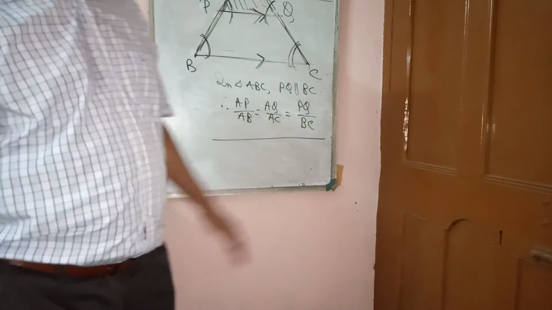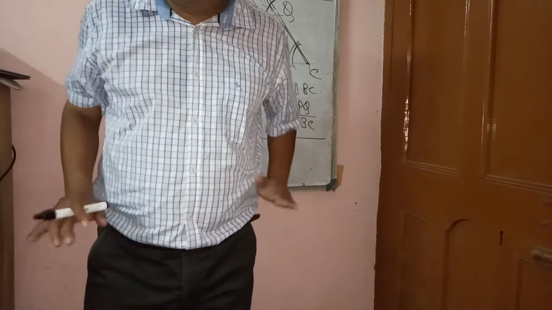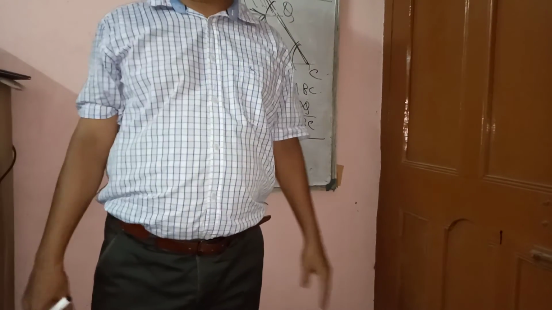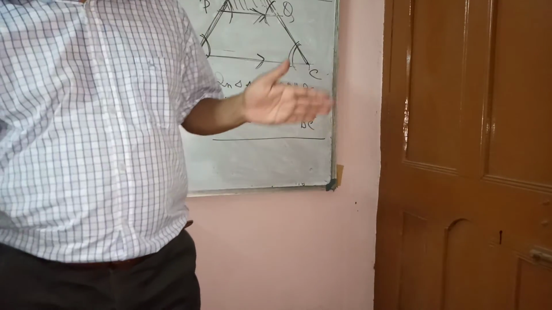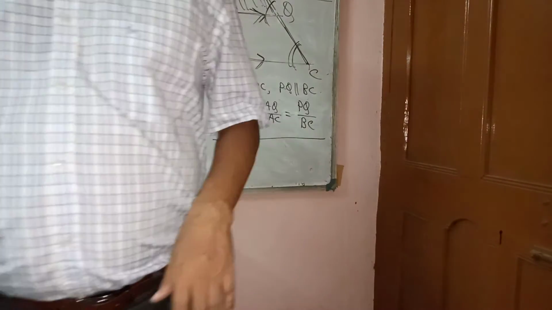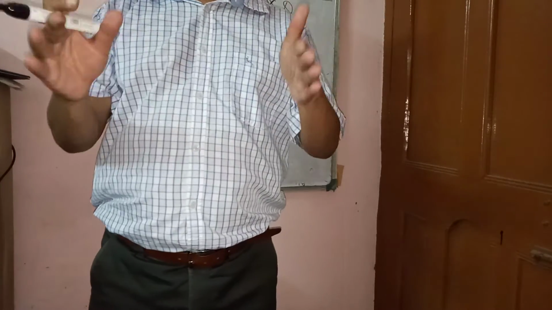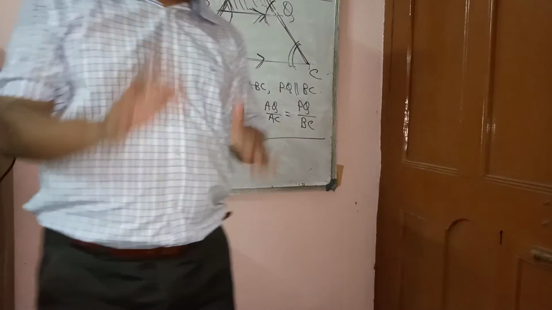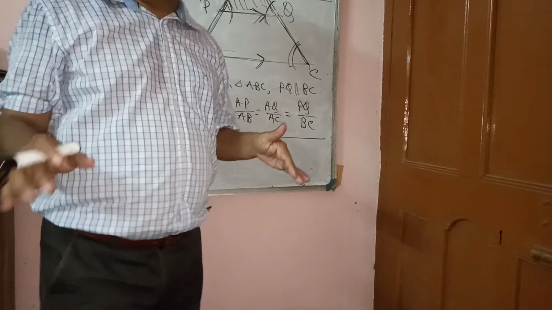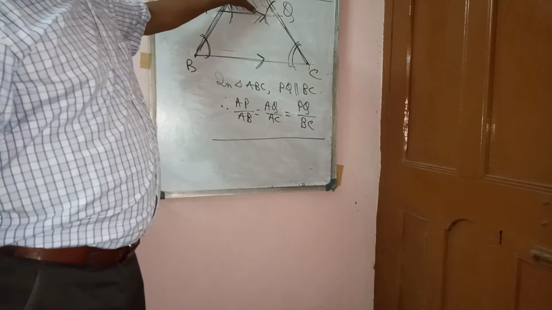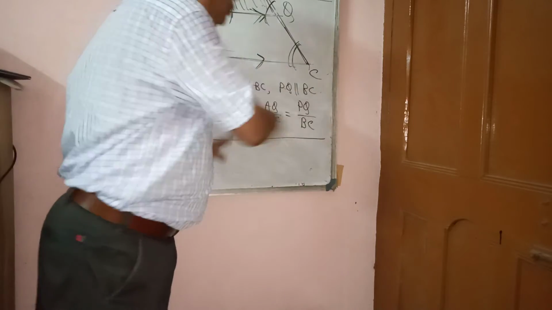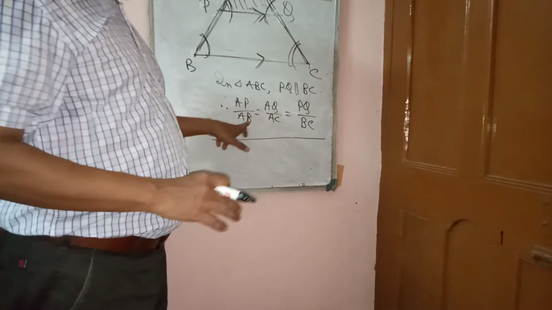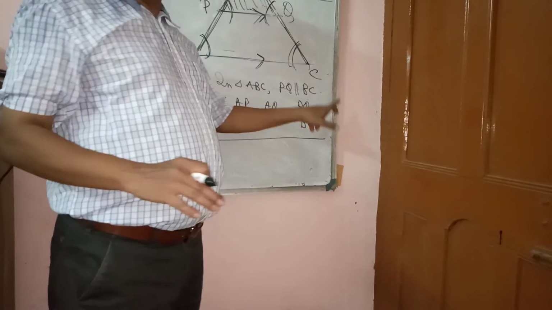Just previously I was explaining this part. If two triangles are similar, their corresponding sides are proportional, and the area of the triangles is in their square ratio: AP square by AB square, AQ square by AC square, and PQ square by BC square.